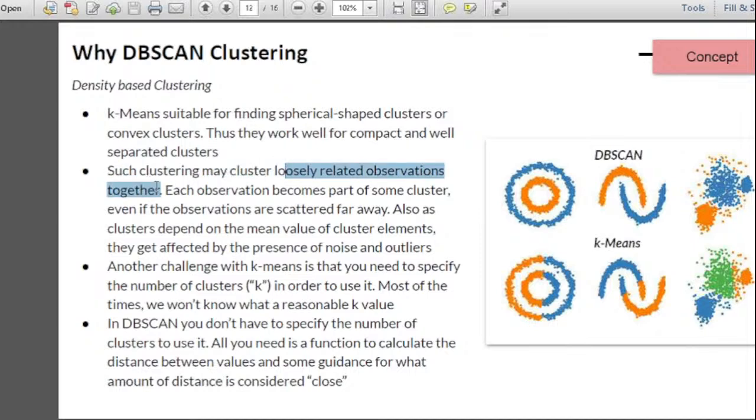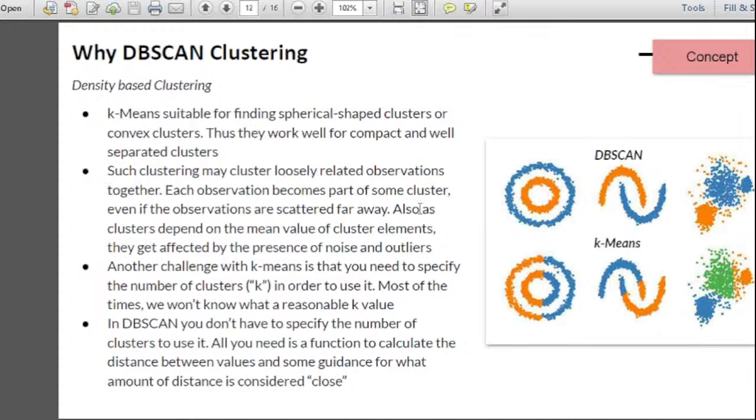Even if there are outliers, which in clustering we call noise, k-means does not leave any data point out. It clubs them, including the noise as well, right?